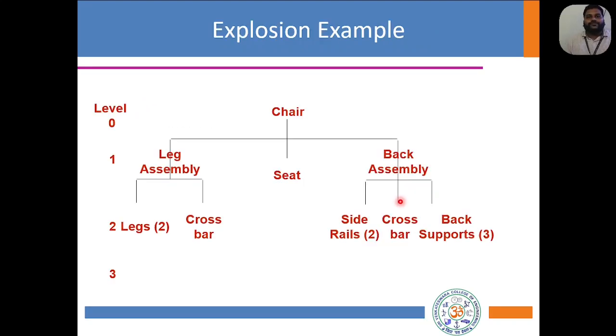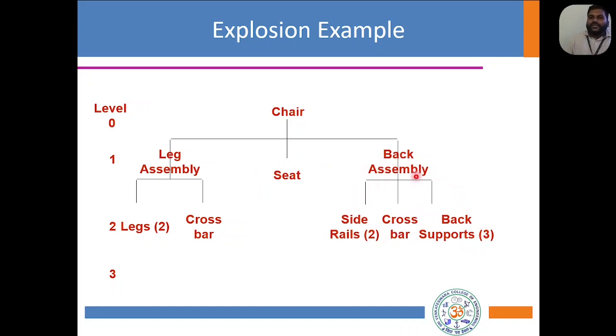especially in procurement and all. So this is a good example, an explosion example, of how to assemble a chair. If the third stage is over here, two legs have to be taken into account, one crossbar. That is a separate assembly. A seat is separately procured. Side rails, crossbar, back supports are back assemblies which are separately procured.